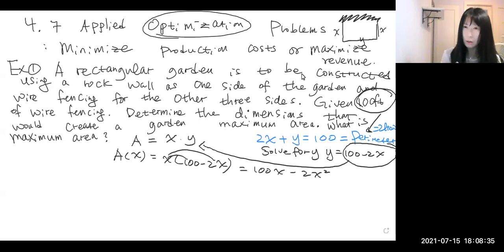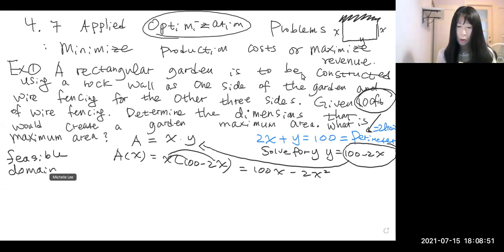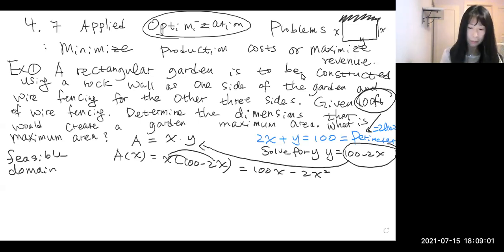Now we want to find the domain. We call this the feasible domain. Since we talk about length, x must be greater than 0, right?